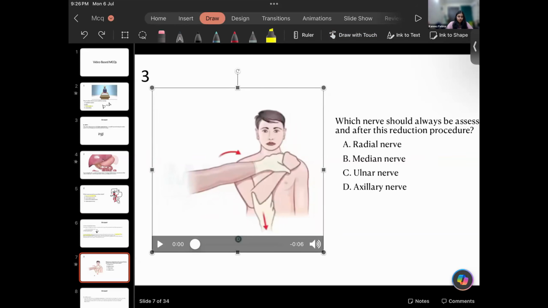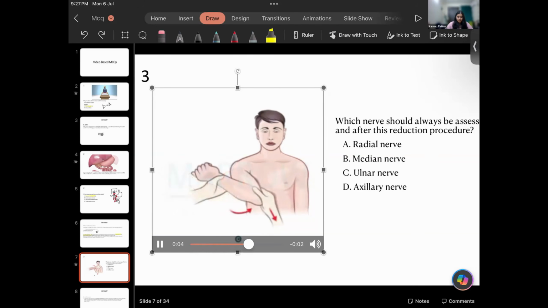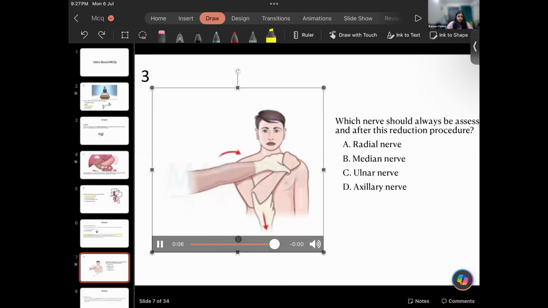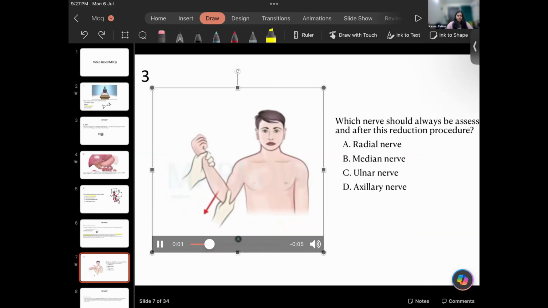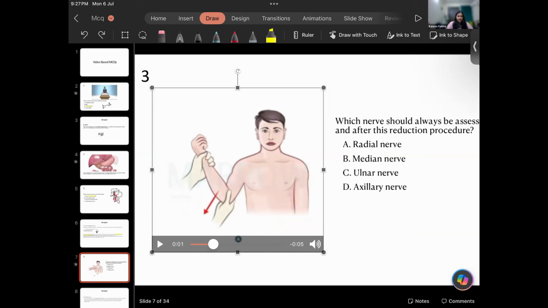So first we will go through the video once again. After seeing the video, we come to the conclusion that it is Kocher's maneuver, wherein the first step is traction, then the arm is rotated externally, that is external rotation.